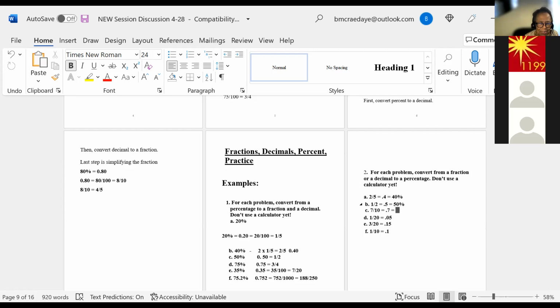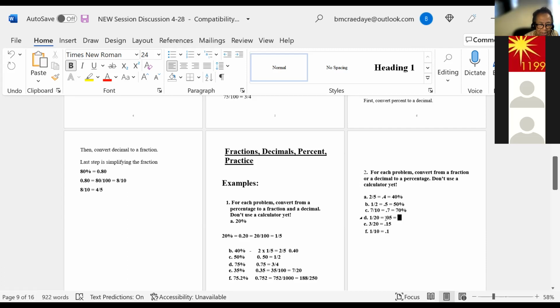It's 0.70. 0.7 would be 70%. Multiply your number by 100, or shift the decimal point 2 places to the right. What about the next one, Mercedes? 0.05. What percent?